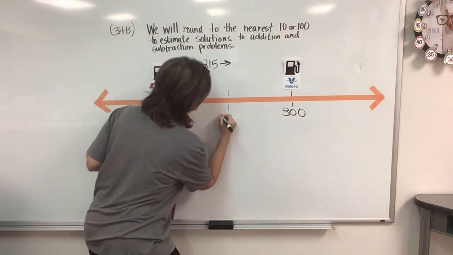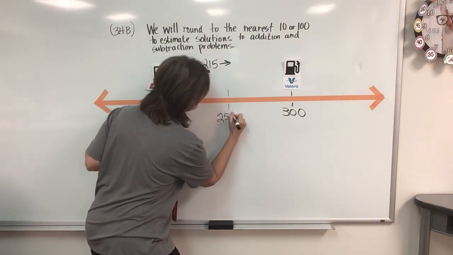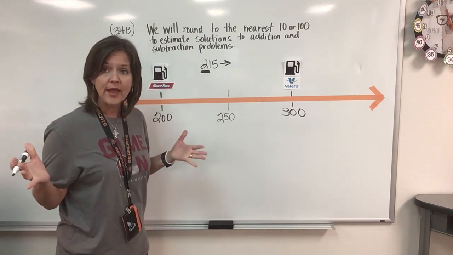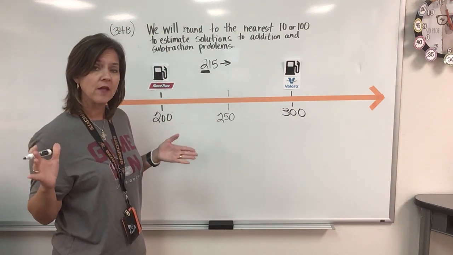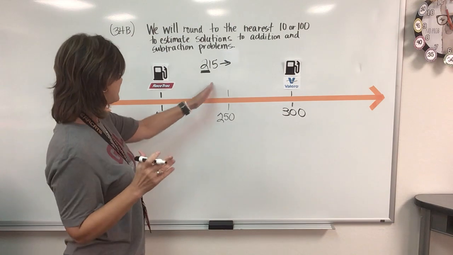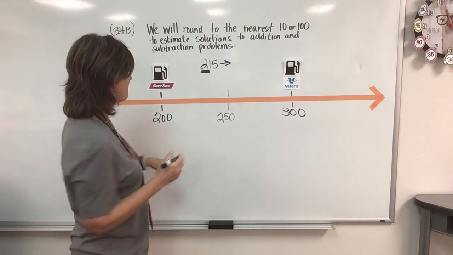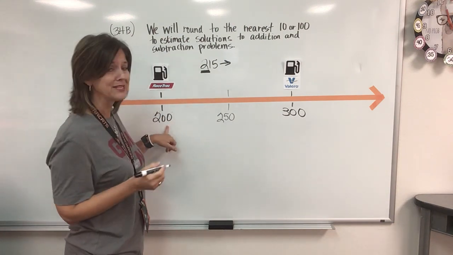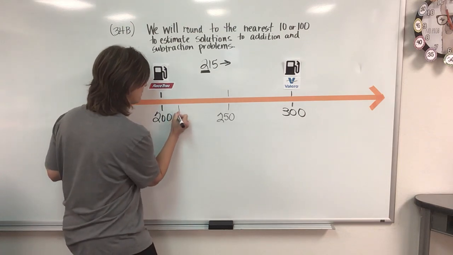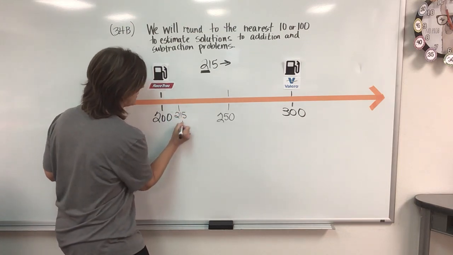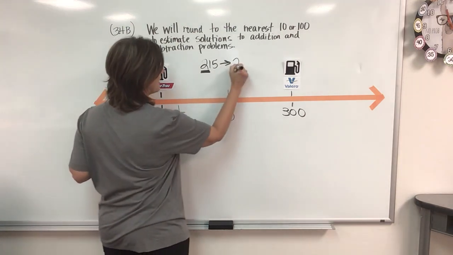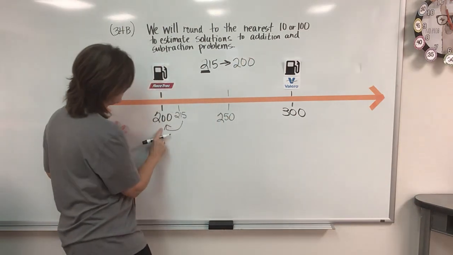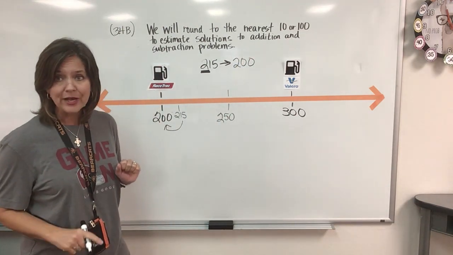So this would be 250. And then I say, okay, where is 215 on this number line? Well, 15 is between 0 and 50 and really pretty close to 0, right? So 215 is going to be right here, and we can see that that would definitely round back to 200.